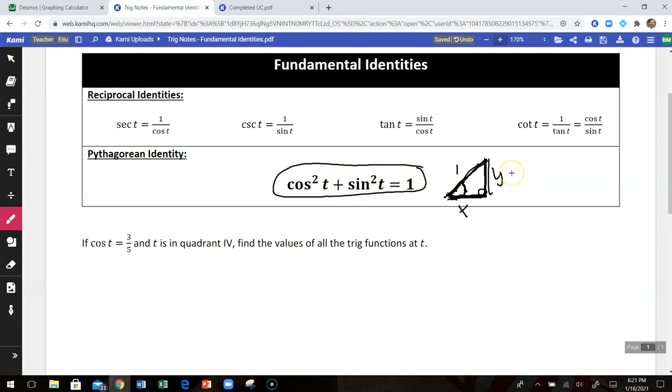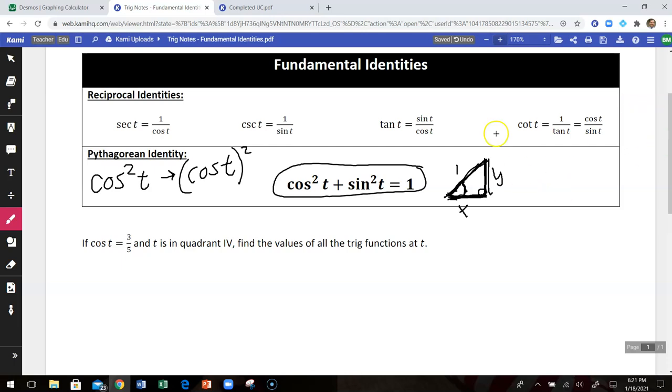I do want to make another note. When you see cosine squared of t written like that, it means the cosine of the angle, squared. Now, you might say, why don't you just write cos t squared?